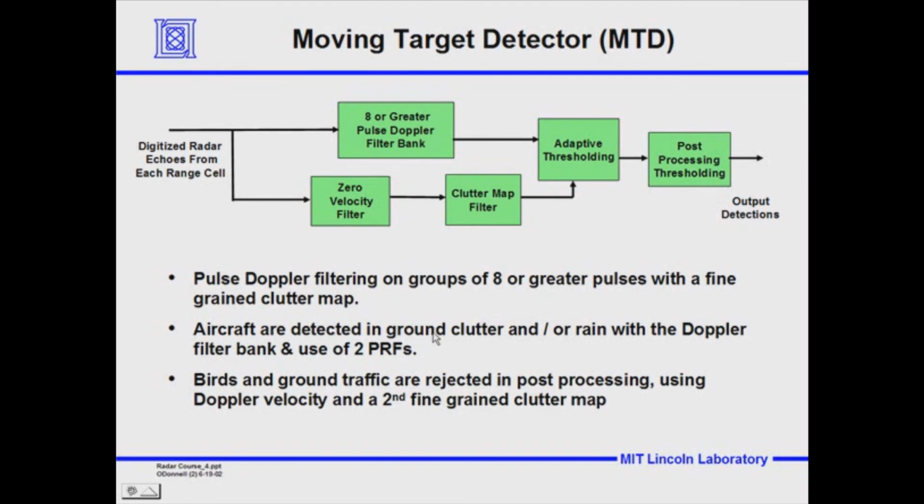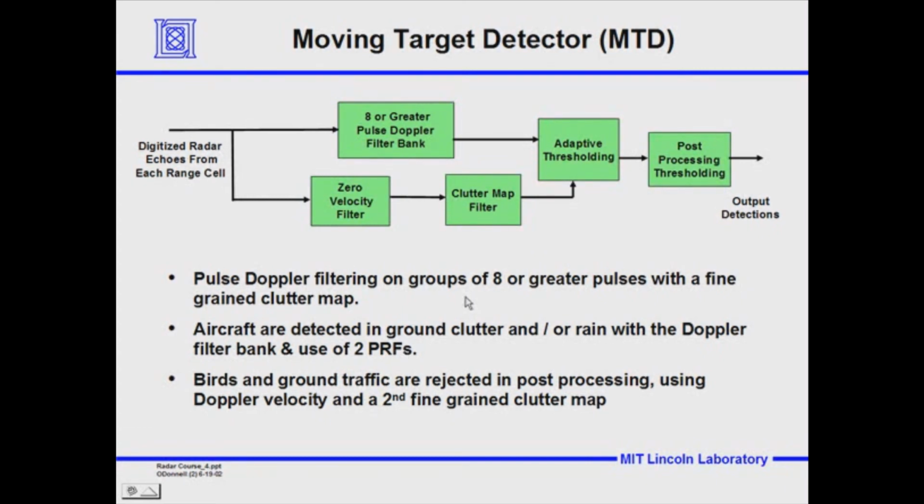Targets, since this was a low PRF radar, and you'll see what we mean by that in a later lecture, the range measurement was unambiguously measured, but the Doppler measurement was ambiguously measured. And so within a beam width, there were 2 different coherent processing intervals, and they were transmitted with different PRFs, or pulse repetition frequency.